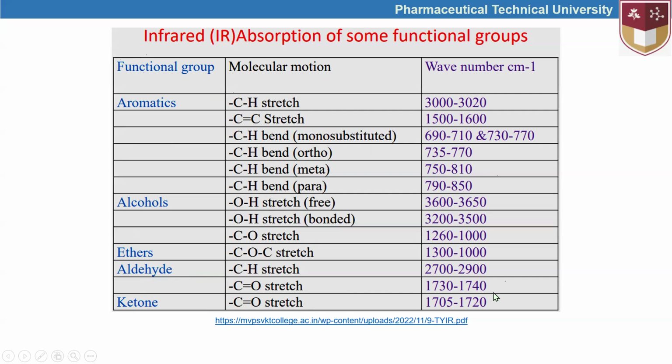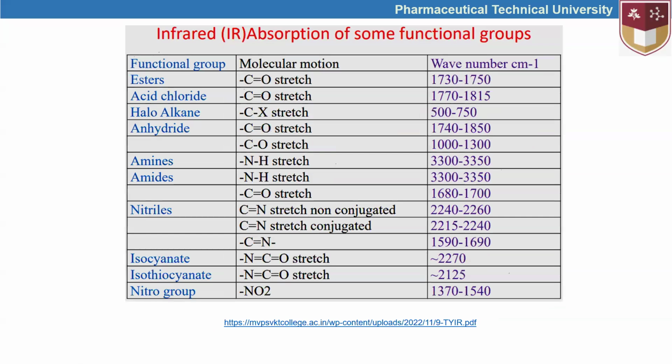So here we can see the differences. In aldehyde, the wave number is around 1730 to 1740, quite a narrow range. And in the ketone case, it differs from 1705 to 1720. There is an exact difference between them, and there is no overlapping area.